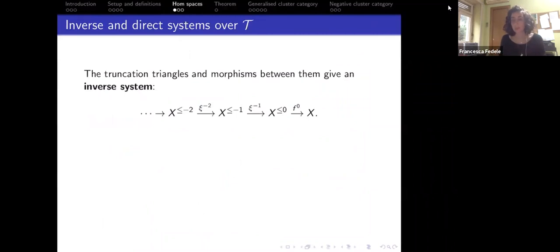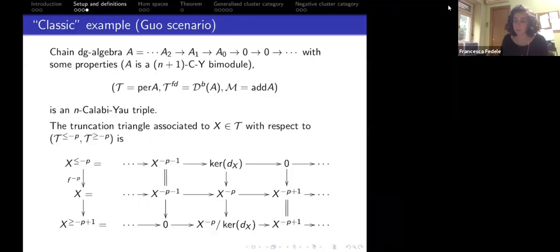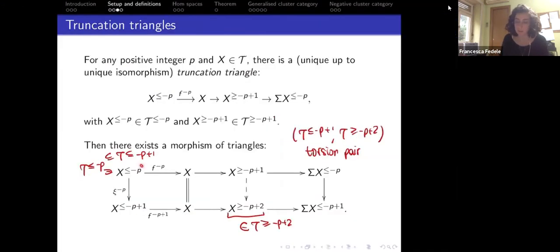So as I was mentioning before, we want to work with an inverse system, and we obtain it using these maps between truncation triangles we were looking at before.